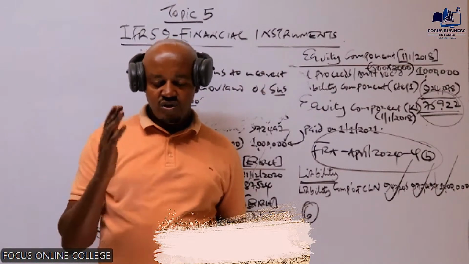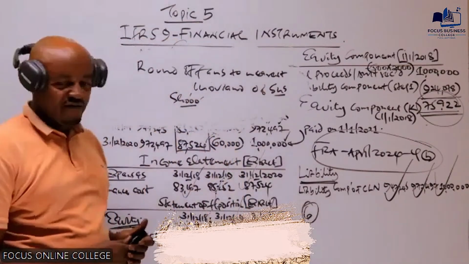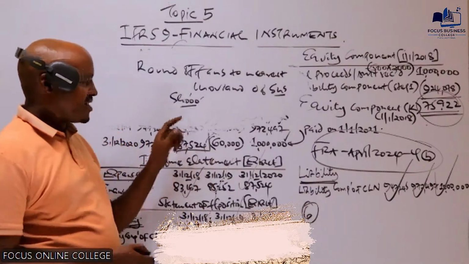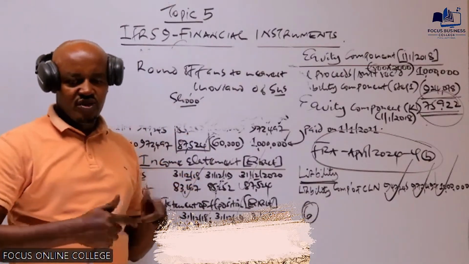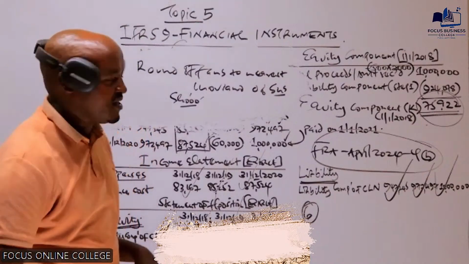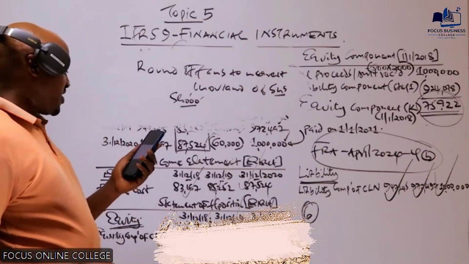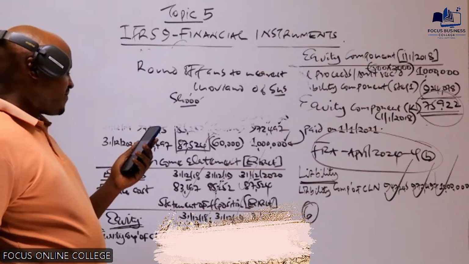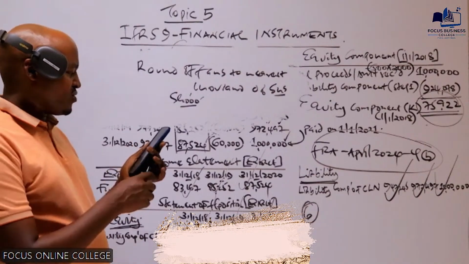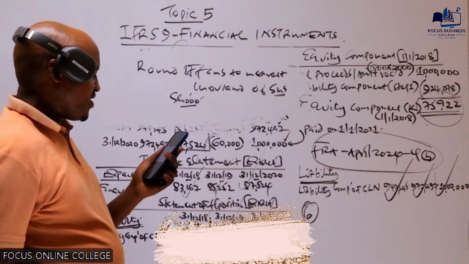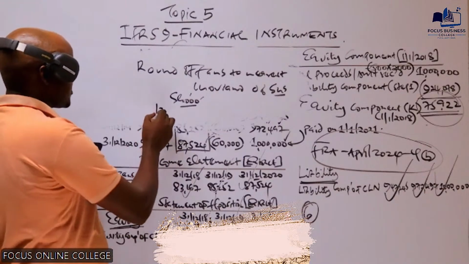So in that case, you will not work with the full figures, but with the figures in 1,000 of shillings. Let me give an example of what I mean. If you check that question in paragraph 1, you are told this company issued convertible loan stock having a value of 120 million.